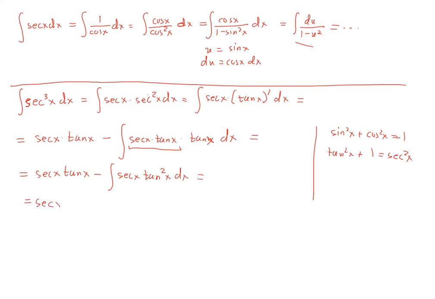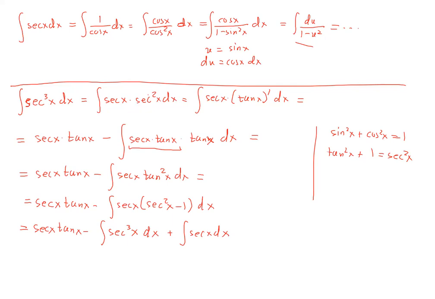So this will be secant x times tangent x minus the integral of secant x times secant square of x minus 1 dx. And of course, this will give you secant x times tangent x minus the integral of secant to the third of x dx plus the integral of secant x dx. And now everything here is workable.